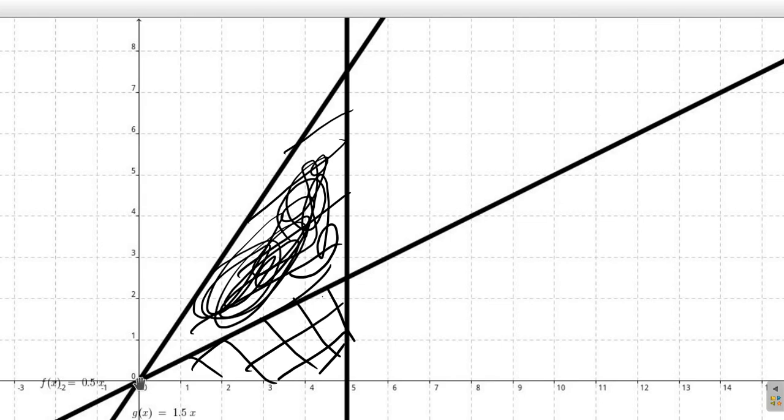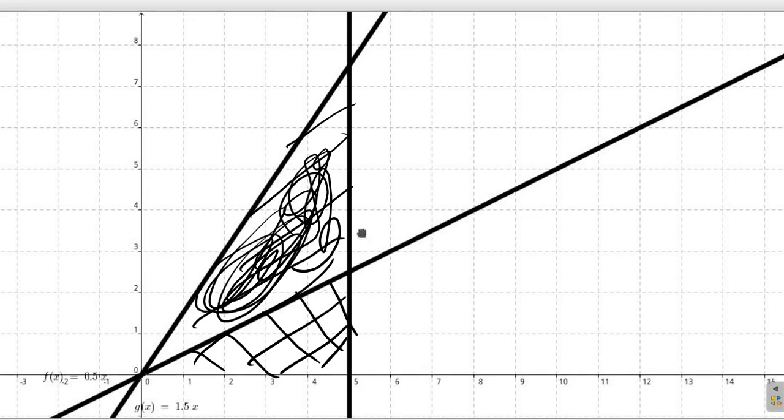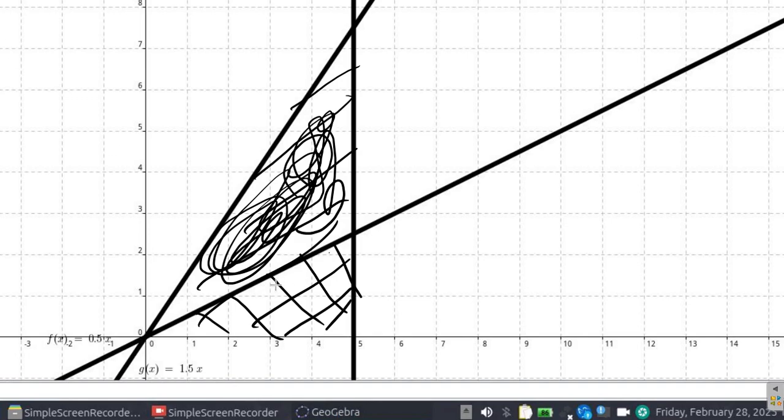We know they intersect here at 0, 0. But what is this point here? Well, x is 5. So 0.5x is equal to 0.5 times 5, which is 2.5. So they intersect here at 5, 2.5, and 1.5x would intersect at 1.5 times 5, which is 5 plus 2.5, 7.5.